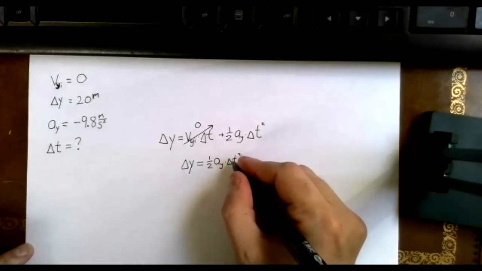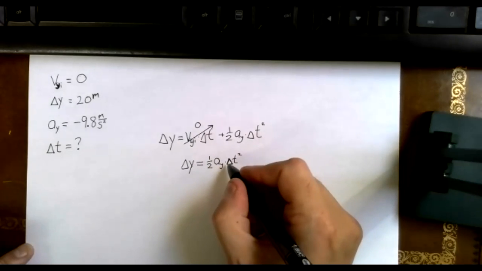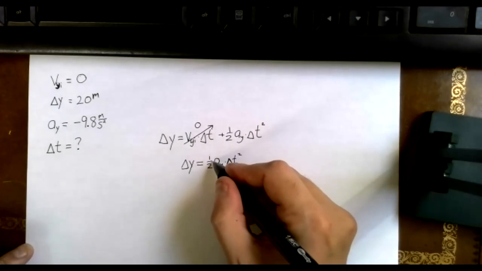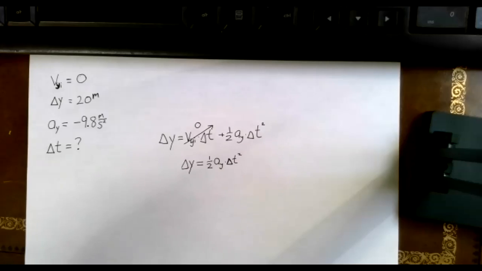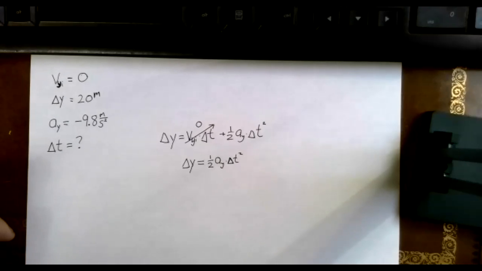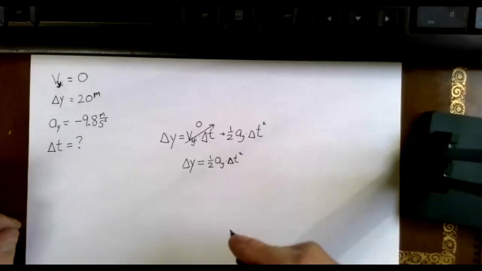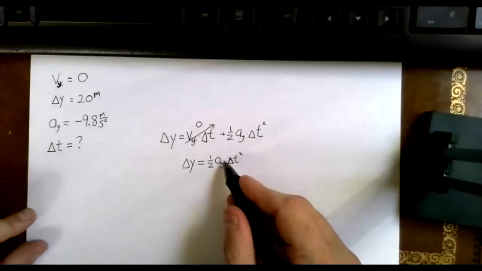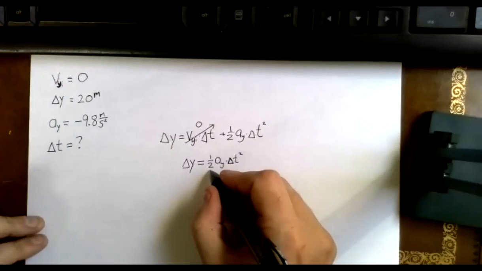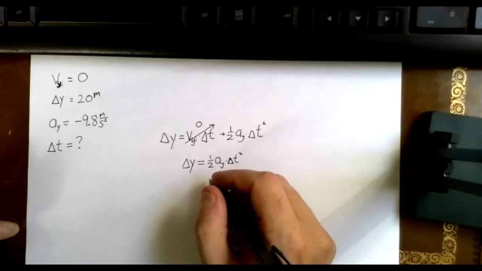Now, if I want the delta t by itself, but it's being multiplied by the 1/2 and the acceleration, what should I do to get the delta t, or first the delta t squared by itself? How do I undo the multiplication? Would you divide? Yeah, I would divide. Great. What would I divide?